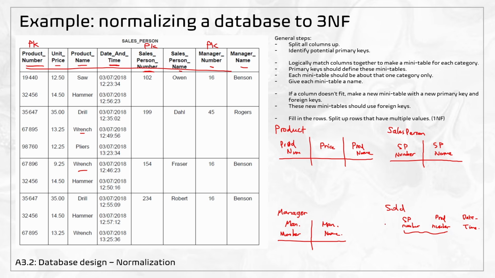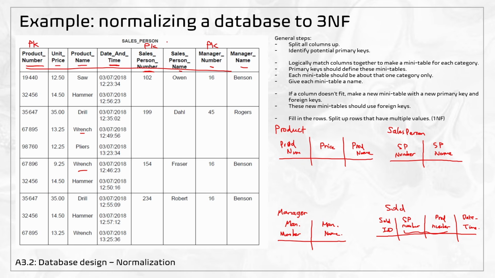And because we would like to have a primary key, because 1NF requires everything to have a primary key, let's just write sold ID over here. And that'll be a primary key for this table right here. So let's just draw the lines, and there we go. Now we have a mini table for each column of this original table, salesperson. And now that we have no columns left over, we can start filling in the tables.